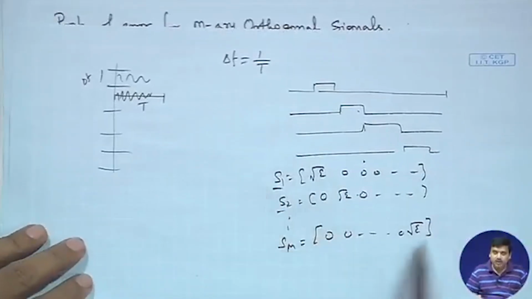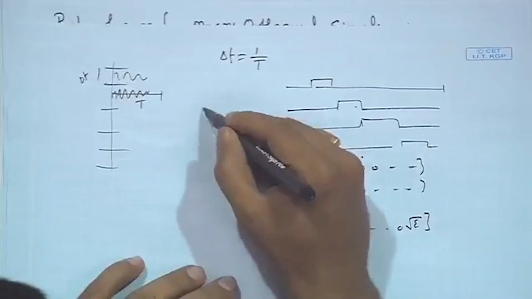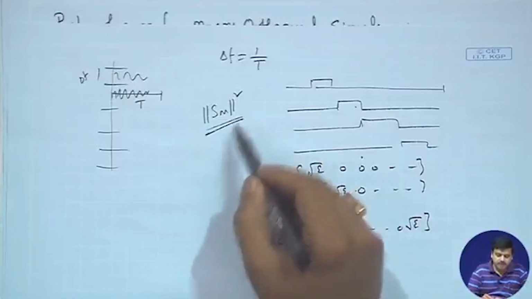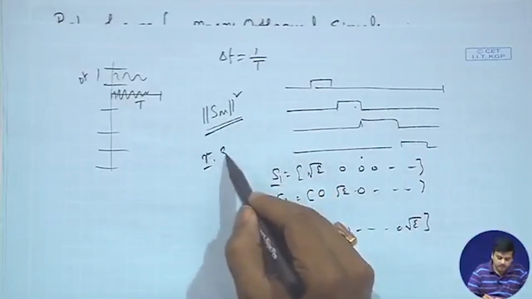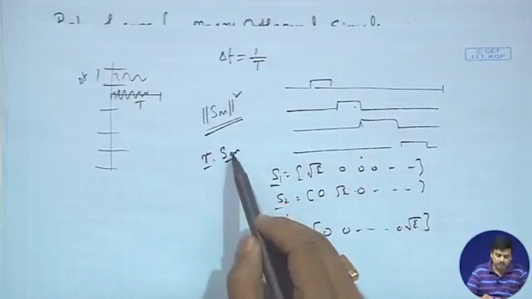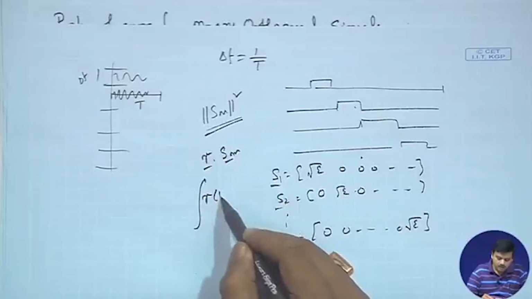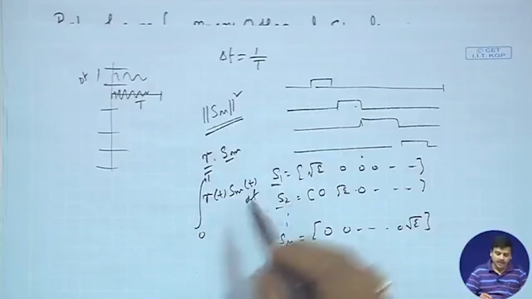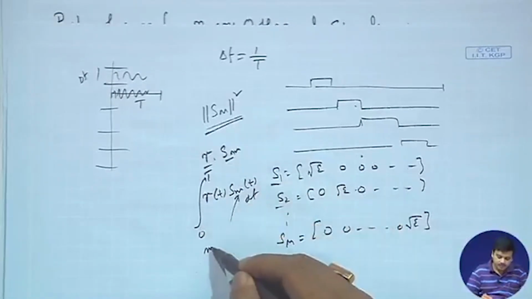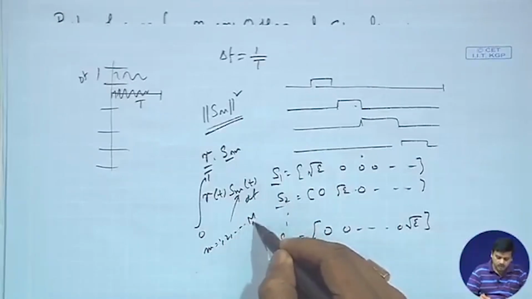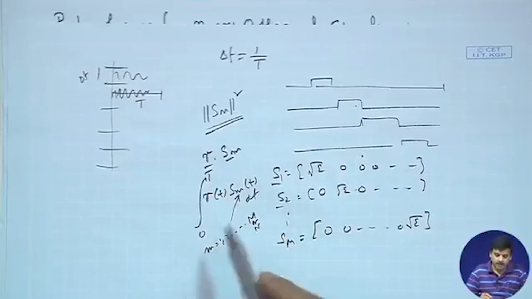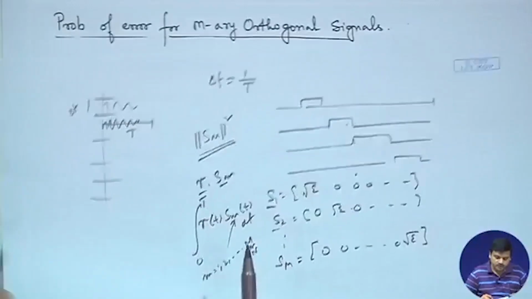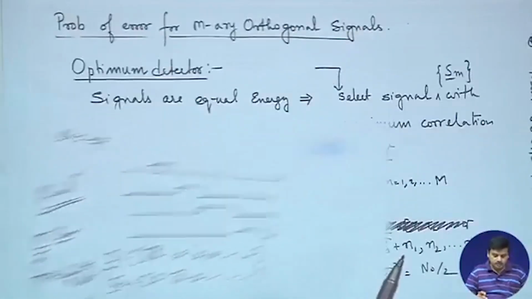So, they are all equal energy, and at that point we said that if the magnitude of Sm squared is the same, that means all of them have the same energy, then we need not take this term and we could concentrate on r dot Sm, the component of r on Sm, or we could take the integral of r(t) Sm(t) dt from 0 to T, that is the correlation of r on Sm(t), and we would select that m, or n, because we used both to mean the same. Whichever value of m maximizes this correlation was the choice of the signal. So, it could be implemented in either of these two forms.